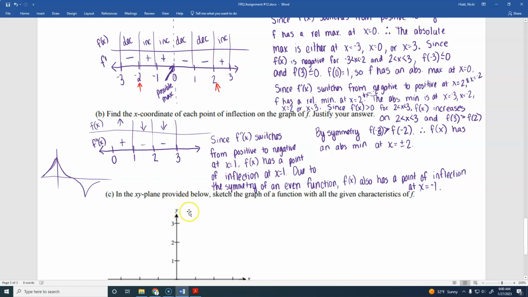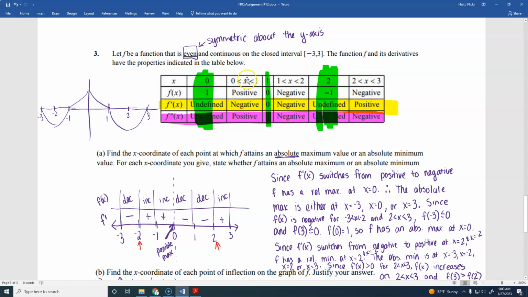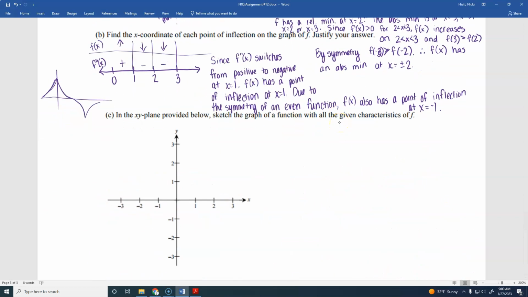All right, so the sketch. Okay, this graph gives you coordinates 0, 1, 1, 0 to negative 1. So you want to graph those: 0, 1, 1, 0 to negative 1.